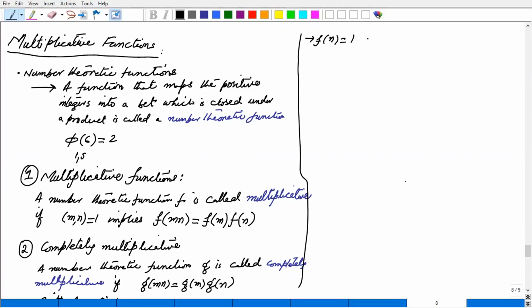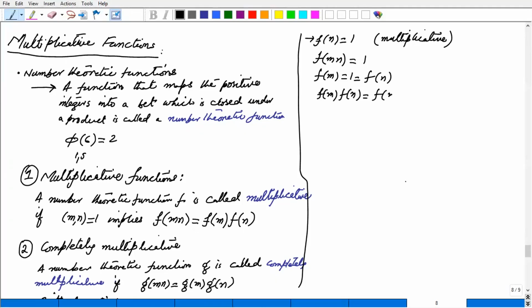So this is multiplicative since f of mn is 1 and f of m is also 1 and f of n is also 1. So f of m times f of n equals f of mn because 1 times 1 equals 1. So f is multiplicative. Okay.